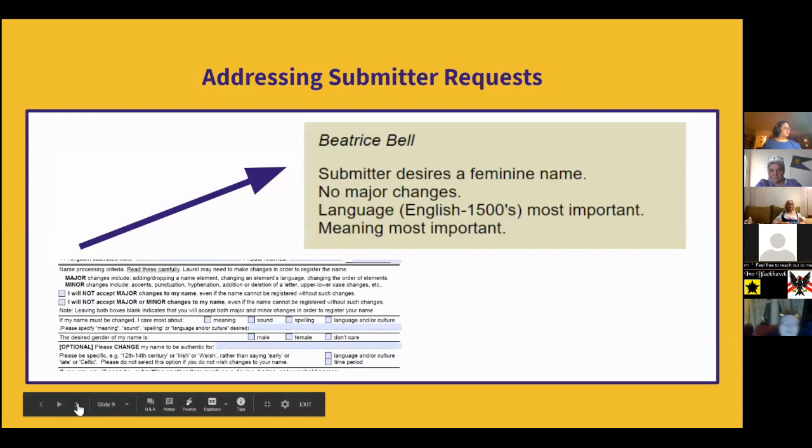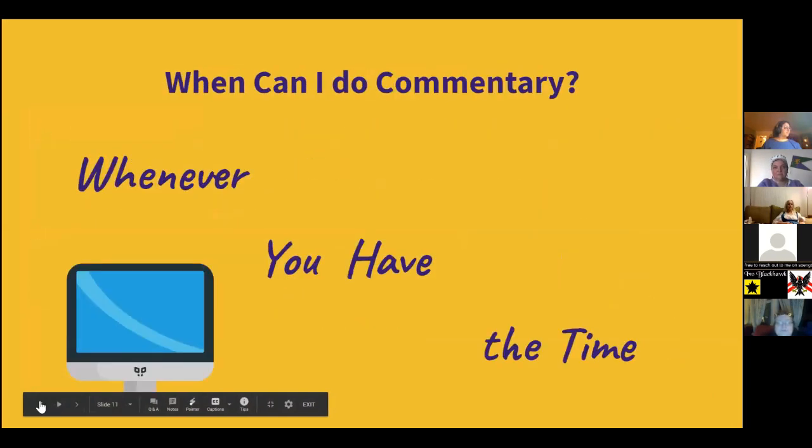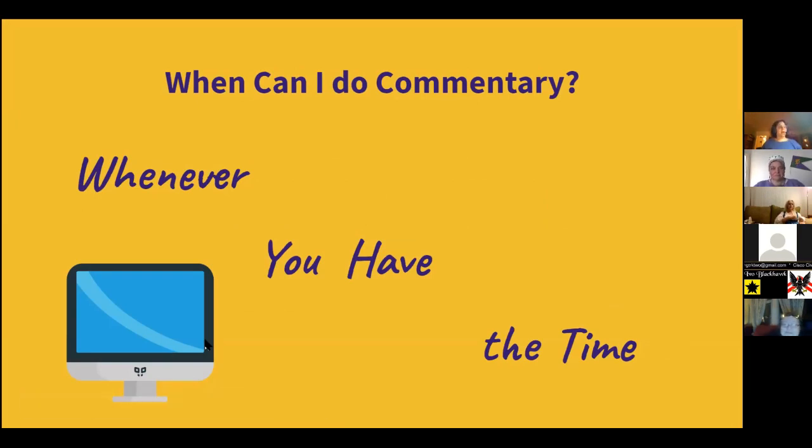So, and people can ask, when can I do commentary? Whenever you have the time. Even if all you have is half an hour at the end of a day, once a month. You can sit down, pick and choose a couple of names and do some commentary.